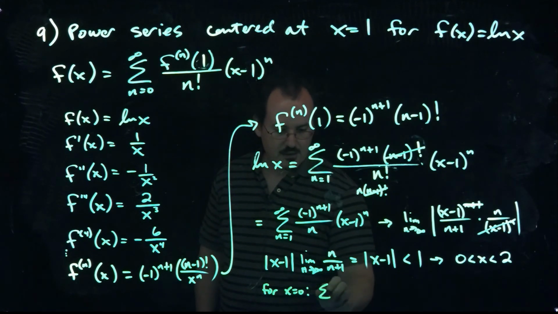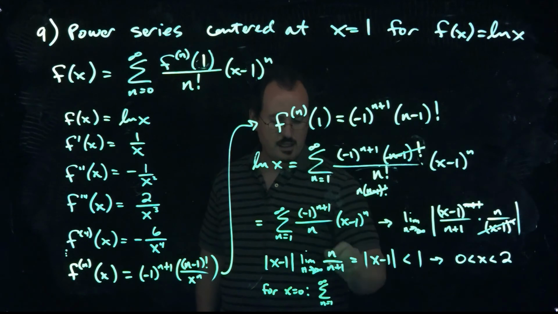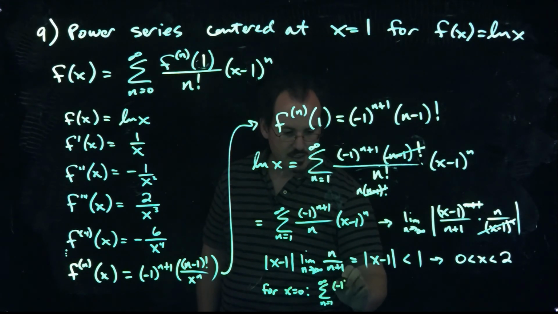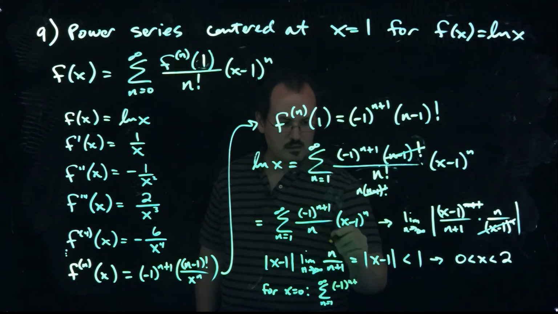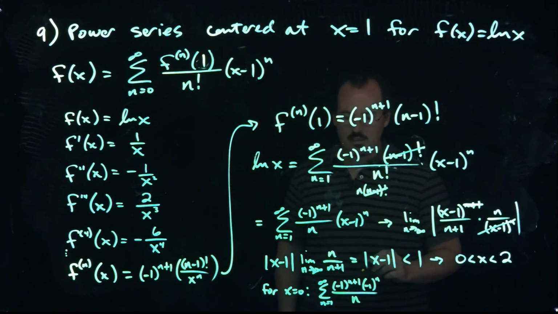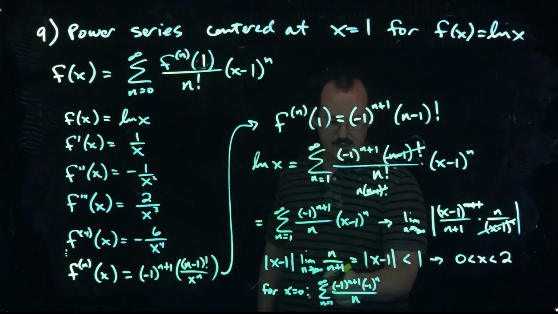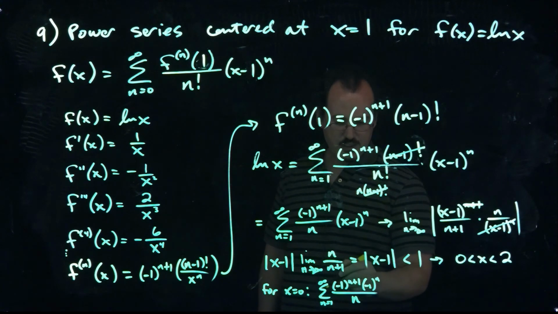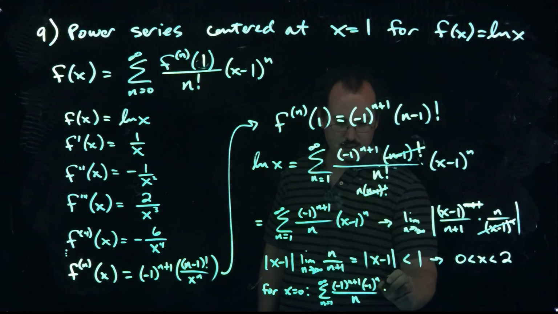I get this: minus 1 to the n plus 1 times minus 1 to the n over n. Now, if you multiply these out, minus 1 to the n plus 1 times minus 1 to the n, look what that is. That's 2n, right? Minus 1 to the 2n plus 1.